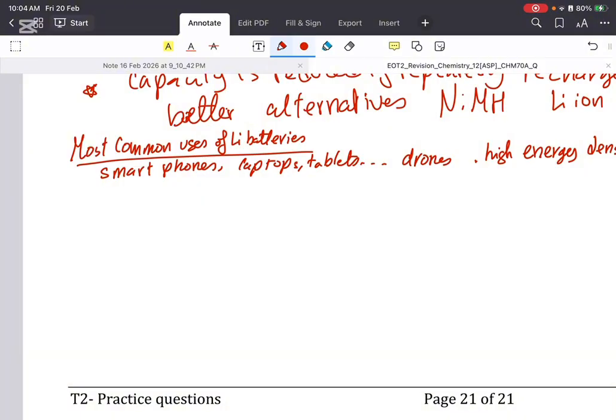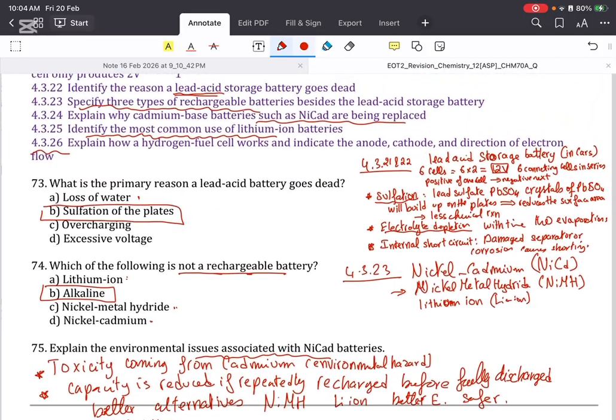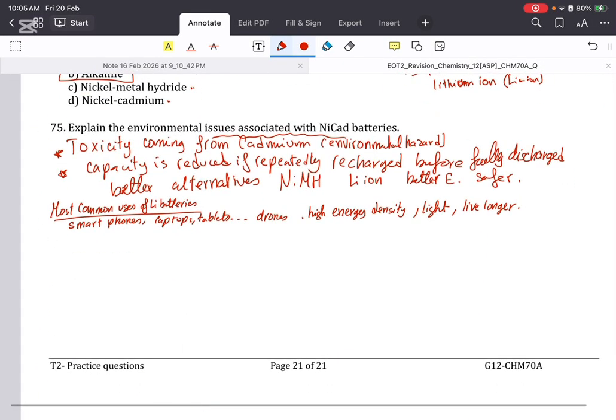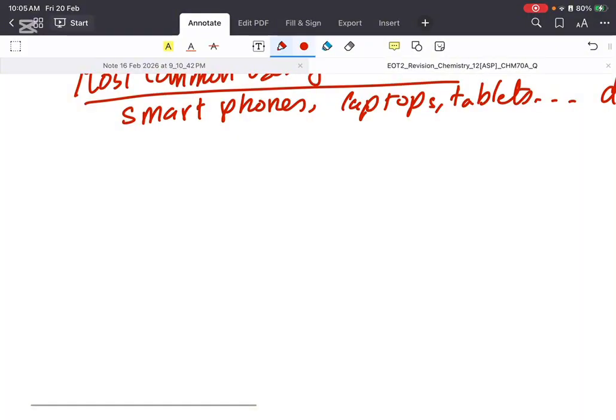The hydrogen gas enters the anode, and the hydrogen molecules split into protons and electrons at the catalyst. The electrons flow through an external circuit which produces an electric current. The protons pass through the electrolyte to the cathode, and oxygen at the cathode reacts with protons and electrons to form water. So I'm just going to write it here.